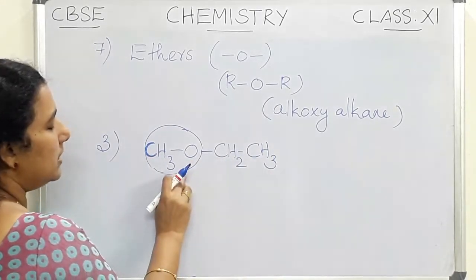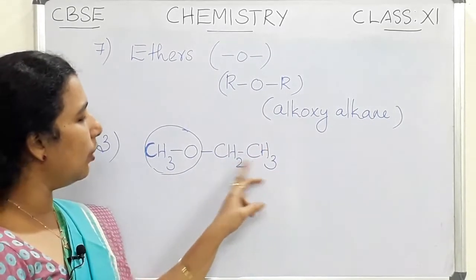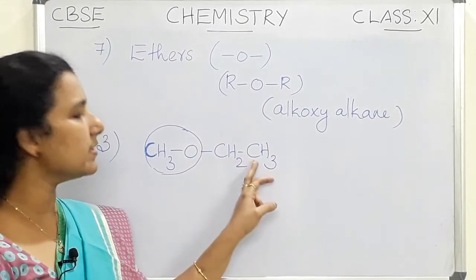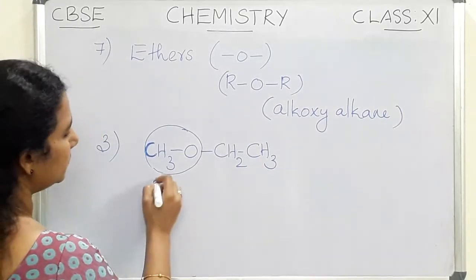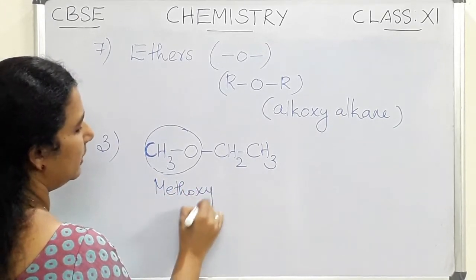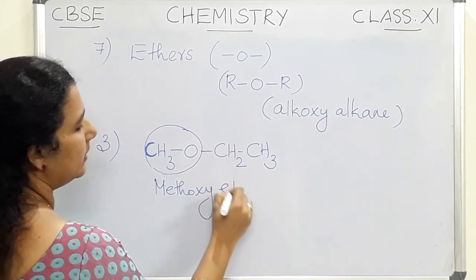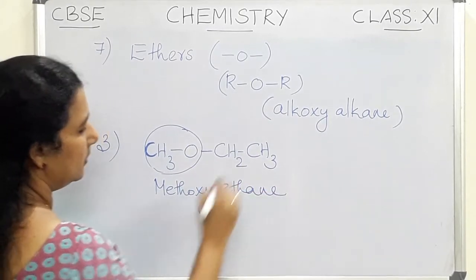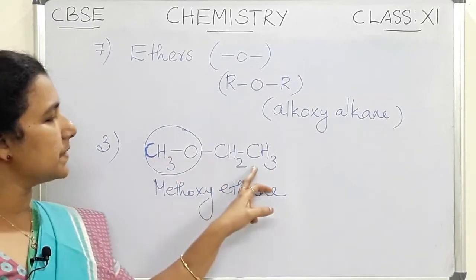So this part is considered as the alkoxy part, and the longest chain is considered as the alkane part. So the name is methoxy, then two carbon atoms, so it is ethane. It is methoxyethane.